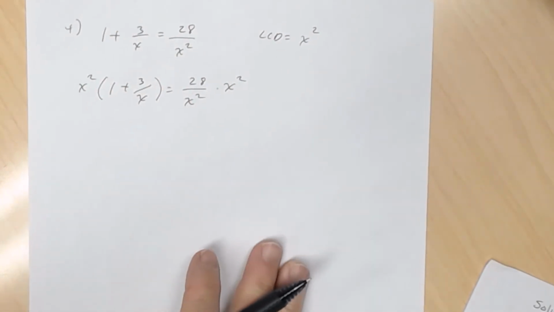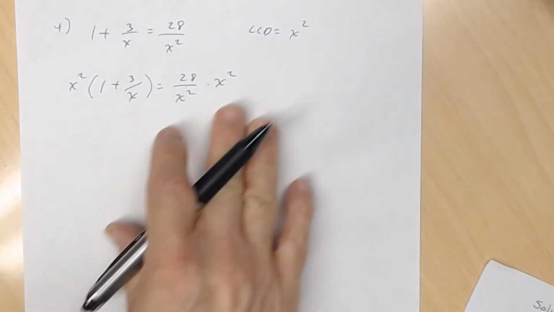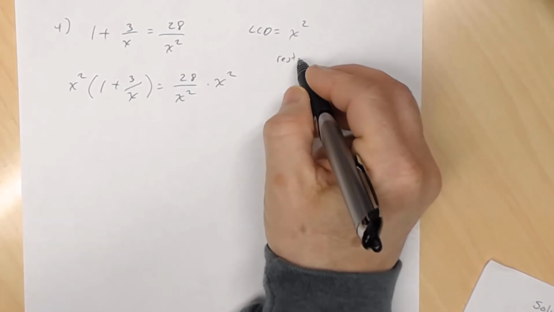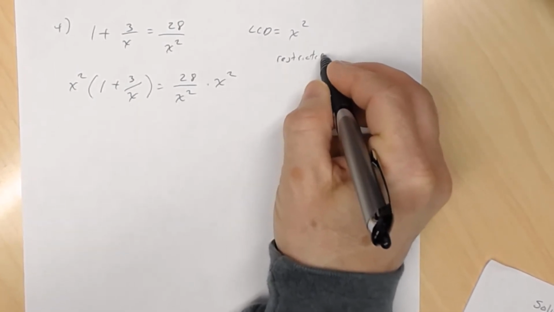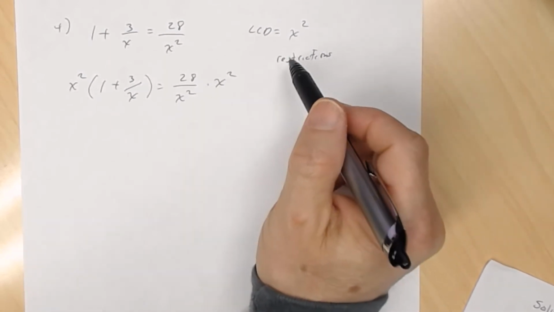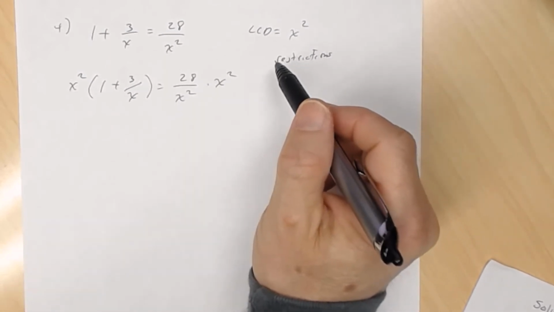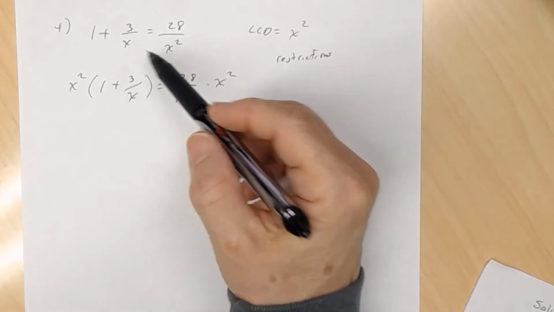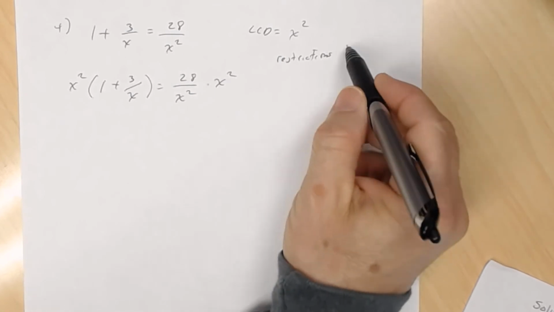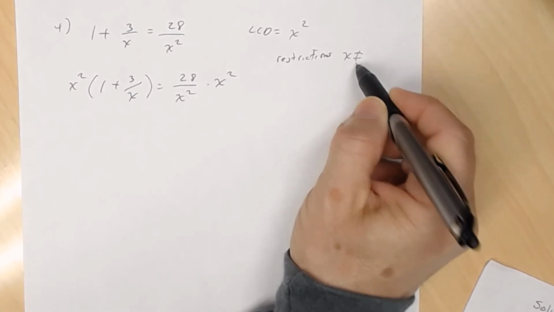Okay? Now before I go on, let's look at restrictions. That should have been the first thing we did after we found the LCD. Now remember, that's monomials right now. In the next lesson, in part 2, we're going to see where our denominators are no longer monomials. So what do we do then? So restrictions. x cannot equal what?